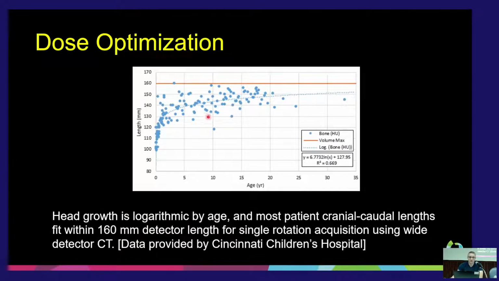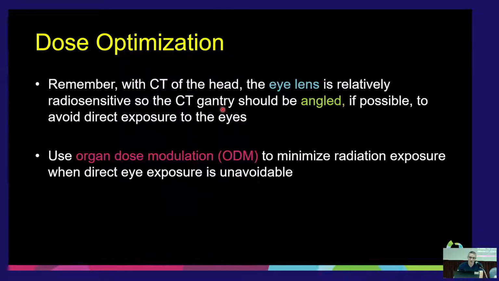For our population, young adults up to 35 or so, generally speaking, every one of them would fit in that 16 centimeter collimation. So you could position them, get your single axial or volume image located properly, spin it once, and you've got the brain in one shot. So these larger coverage detectors are really good for single spins.